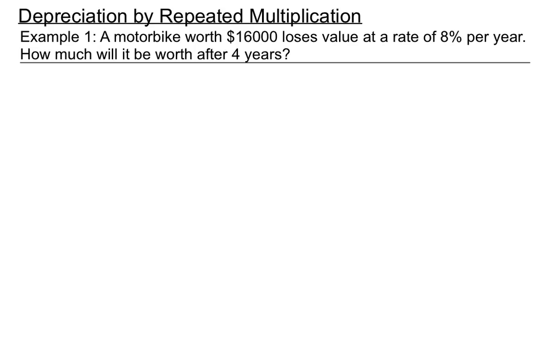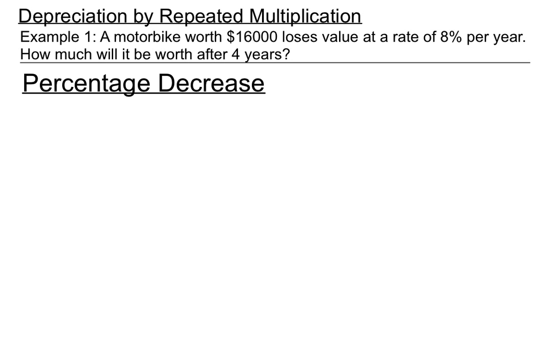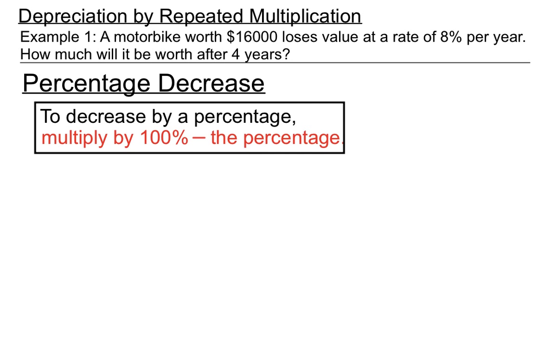So if it loses value, it's decreasing by a certain percent, in this case 8% per year. Let's remind ourselves of percentage decrease. To decrease by a certain percentage, we multiply the number that's decreasing by 100% minus the percentage decrease.